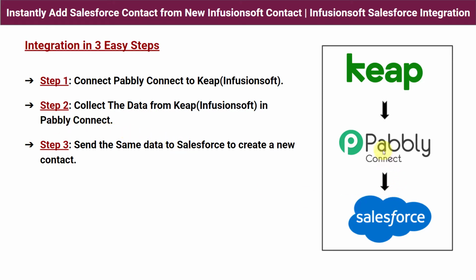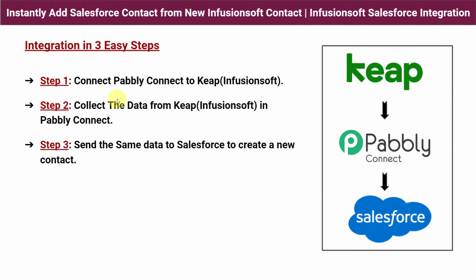So in the second step, we'll bring the data of a new contact created here in Keep into Pabbly Connect. And in step 3, we'll send the same data to Salesforce to create a new contact. Okay, so the data of the person we have collected here in Pabbly Connect, we are going to send to Salesforce to create a new contact here in Salesforce, right?